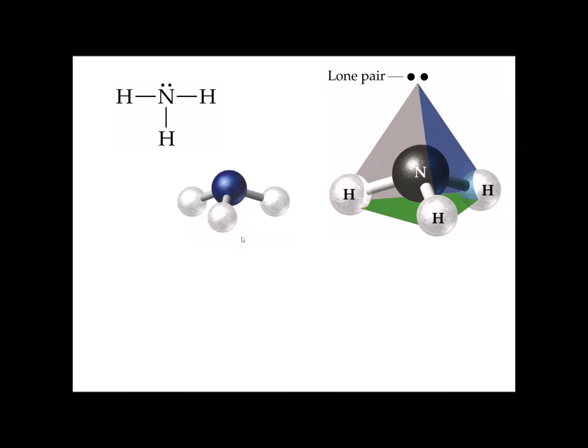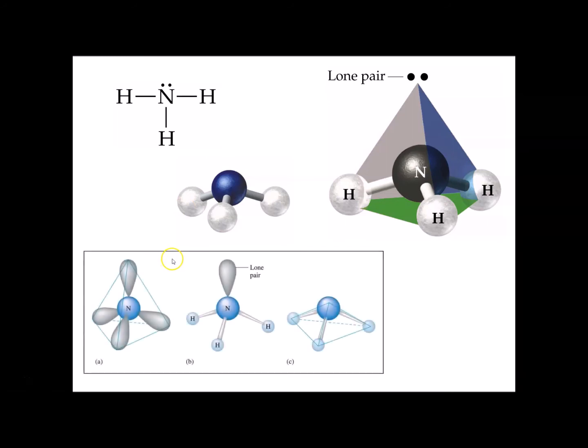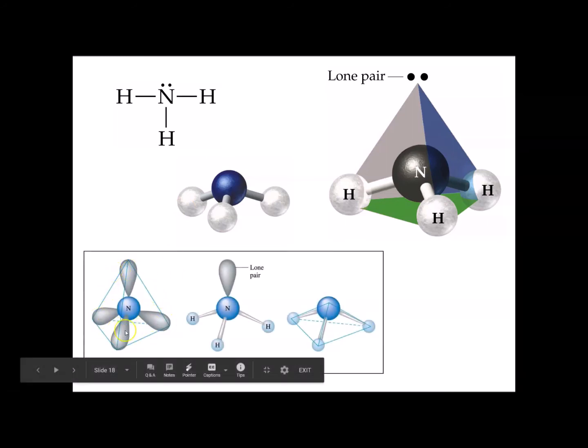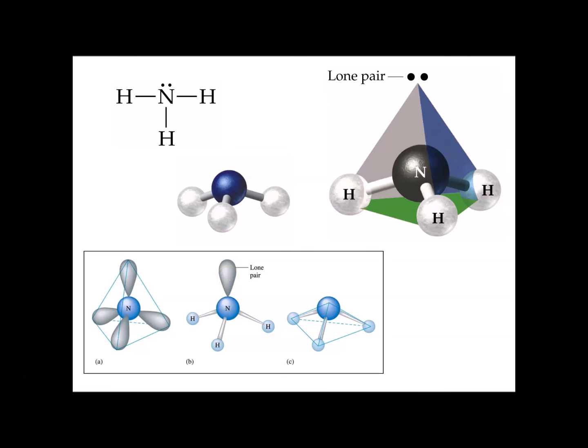Now, mentally subtract out the lone pair of electrons, and what do you get? Look at this. It's a molecule that has 3 atoms coming out of it, and they're all oriented slightly downwards, maintaining a roughly 109.5 degree bond angle separation. So we've got tetrahedral electron geometry. 1 of the 4 electron groups does not participate in bonding, and we name the molecular shape for the atoms that are actually there.